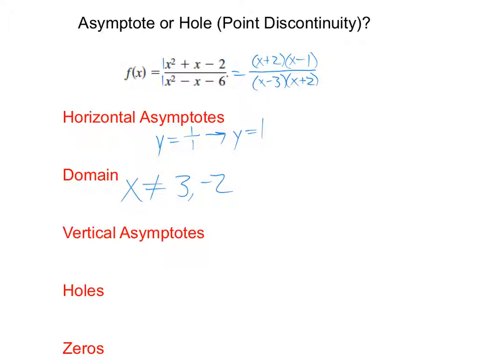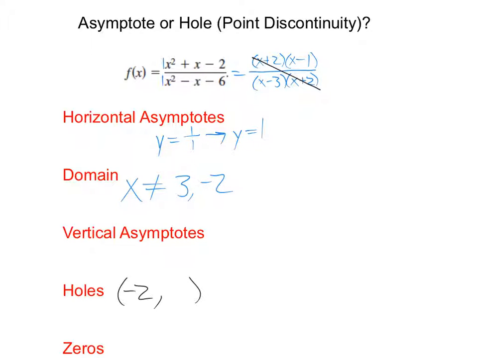So what do the common factors give us? What do the common factors give us? Holes. Alright? So, when we cancel this out, we're identifying the hole. So the hole occurs where? At negative 2.